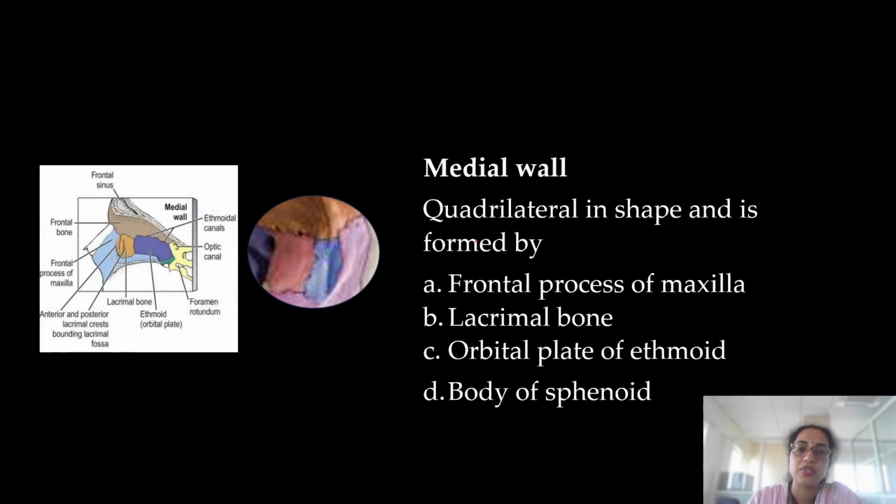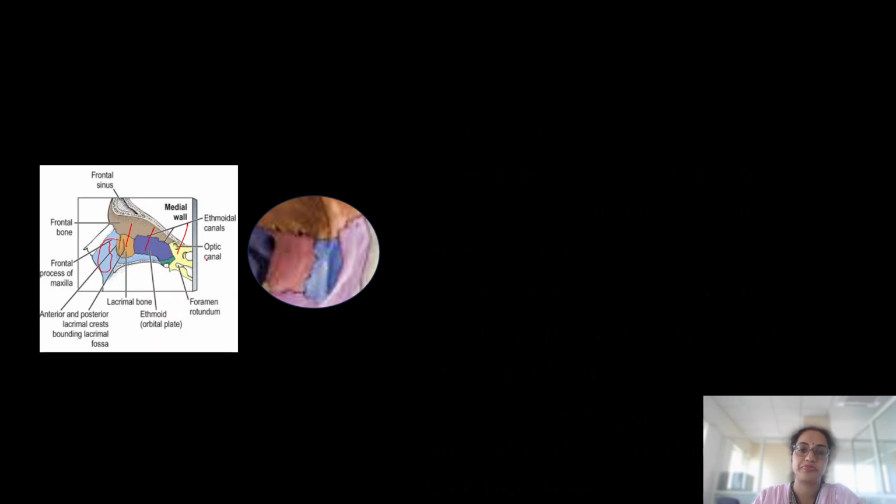So let's start with the medial wall. Medial wall is quadrilateral in shape and it is formed by the frontal process of the maxilla here, the lacrimal bone, the orbital plate of the ethmoid bone, and the body of sphenoid. So this is what makes up the medial wall of the orbit.